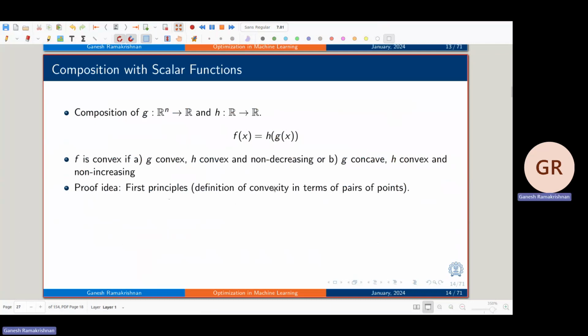Okay, let's just pictorially understand how to prove it. We can show it by first principles. I'll do it on the slides, not on the board so much, but I'll give you an intuition of what's happening, right? So just look at the annotations there. The first one is saying that g is convex, but h must be convex and non-decreasing. So it must be like this.